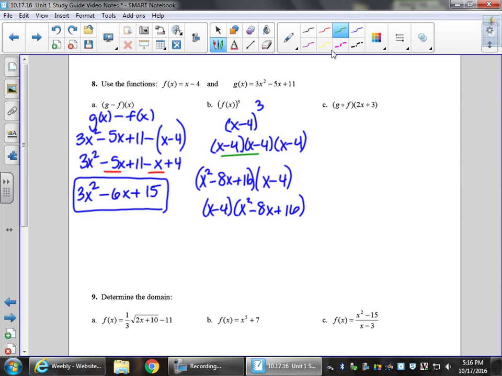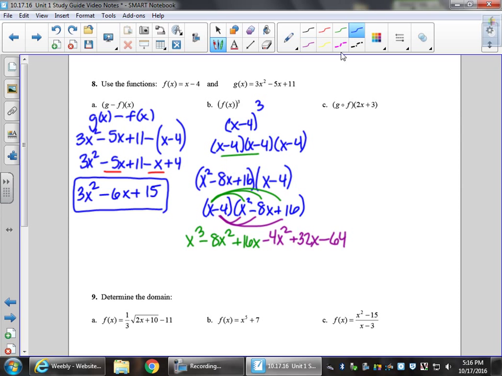And same thing, we're going to use arrows again. So that would be x to the third minus 8x squared plus 16x. And now we'll switch to distributing negative 4. So minus 4x squared plus 32x minus 64.